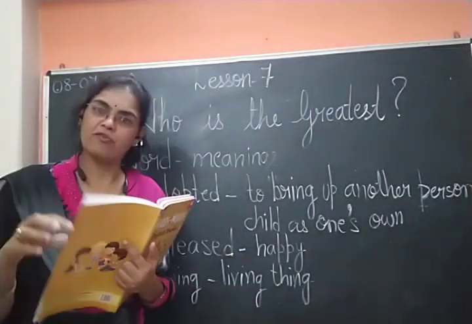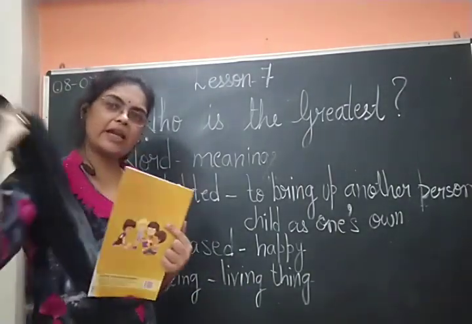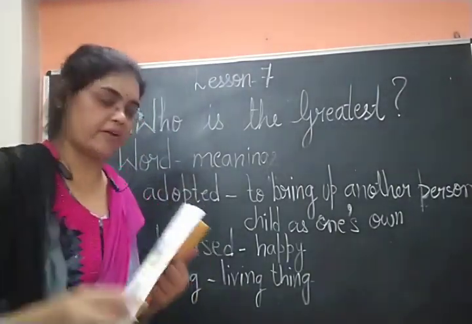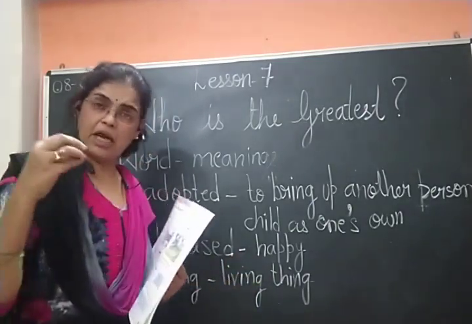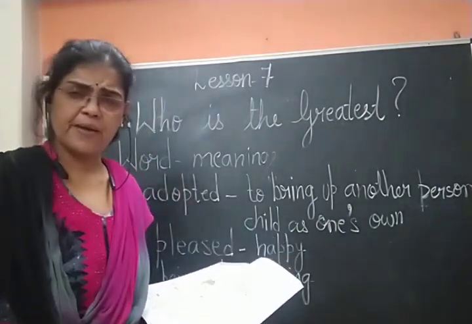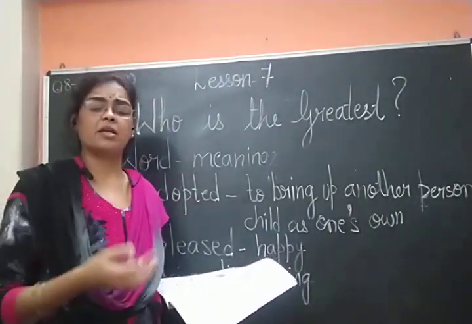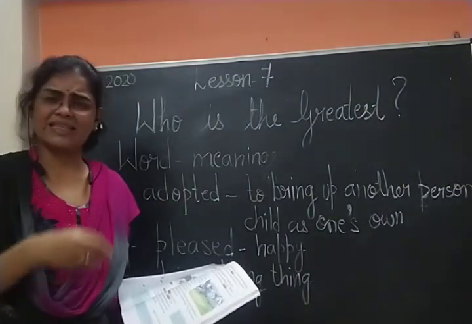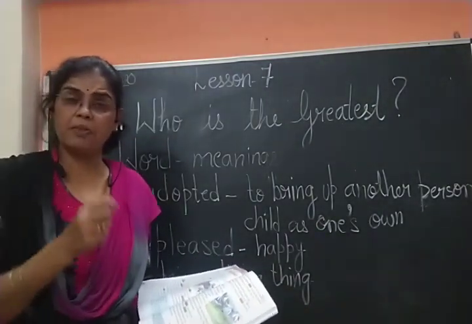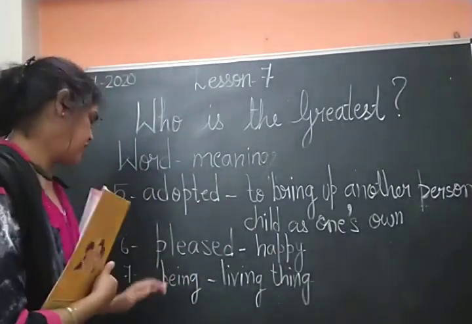So living thing is anything which has got life. So being means living thing. It can be a plant, tree, a small sapling also, then human beings, birds, insect, reptile, anything that has life is a being or a living thing.